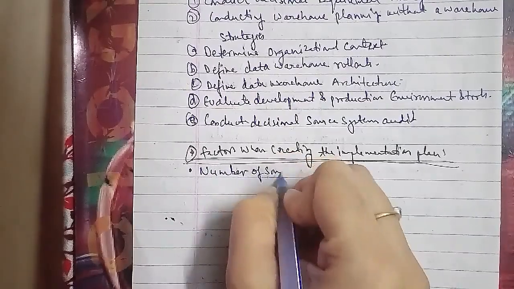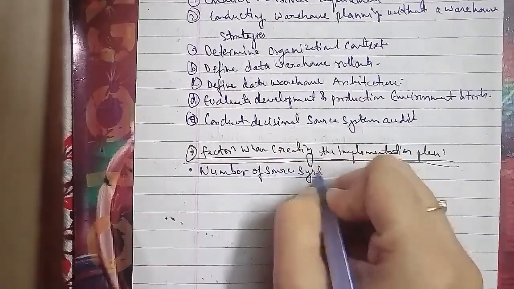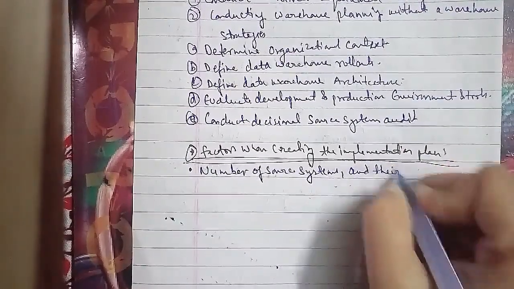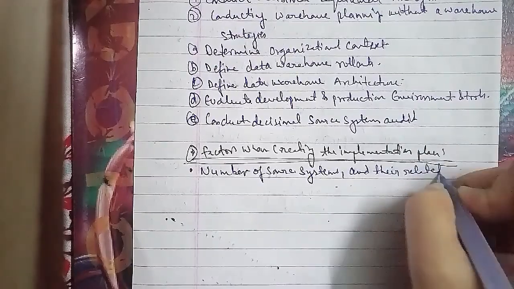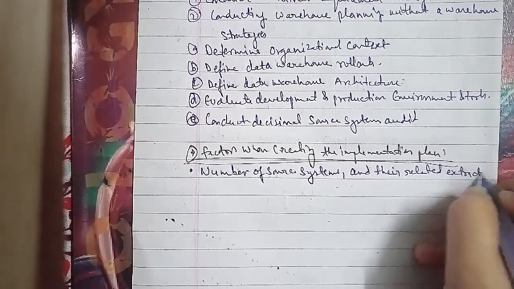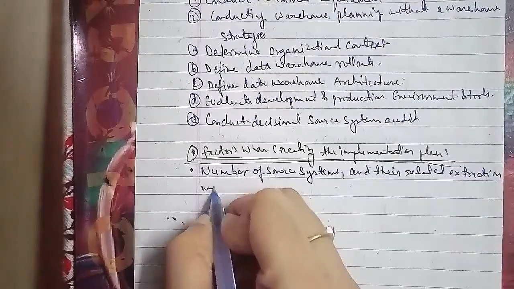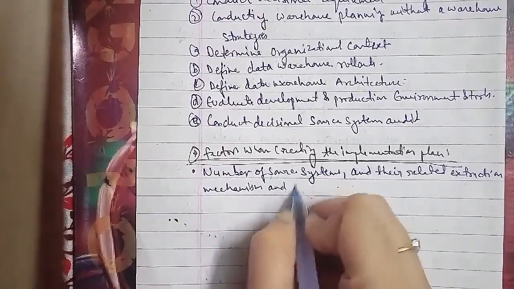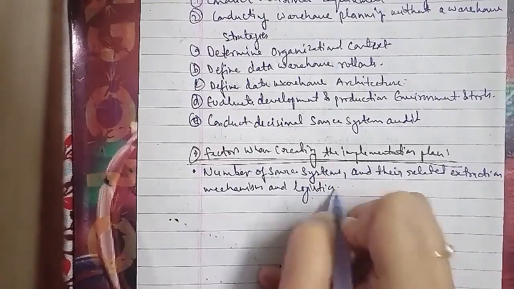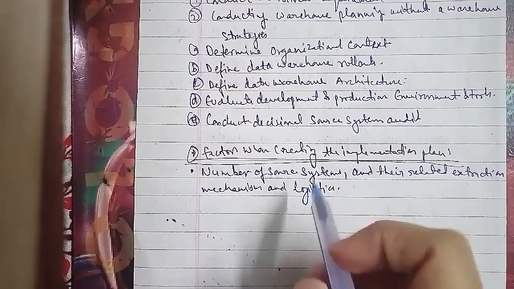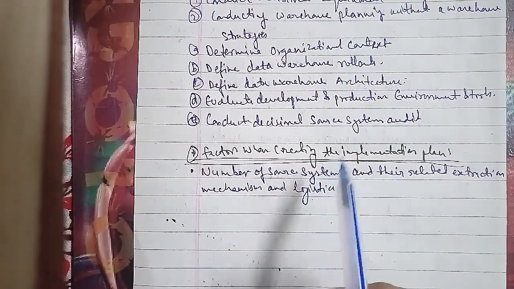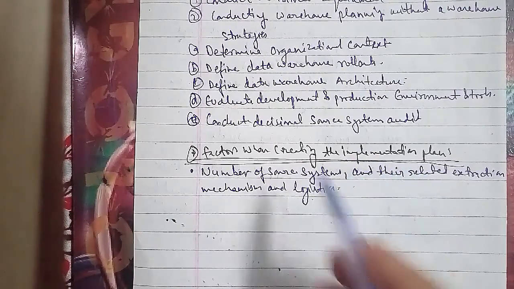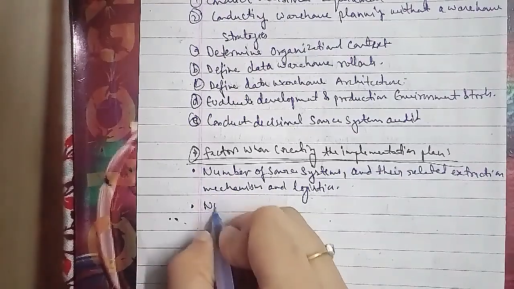The more source systems there are, the more complex the extraction and integration process will be. The second is the number of decisional business processes supported.